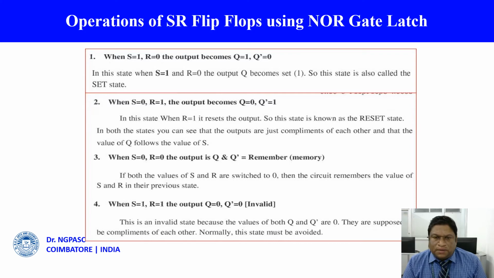Here both have the same value, which is called an invalid state. So when S is equal to 1, R is equal to 0, you get Q equal to 1. When S is equal to 0, R is equal to 1, Q is equal to 0 and Q bar is equal to 1. When S is equal to 0, R is equal to 0, it means the previous state, which remembers the previous value. But when S is equal to 1 and R is equal to 1, this is an invalid state.